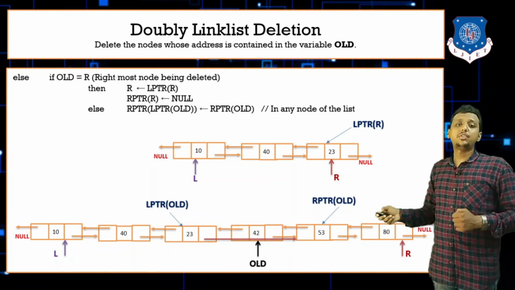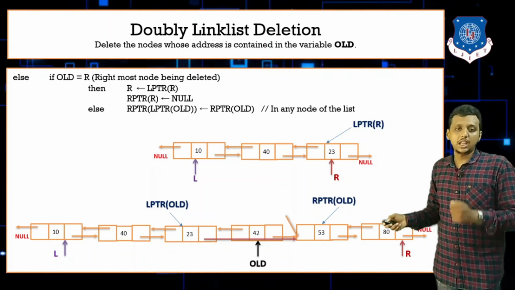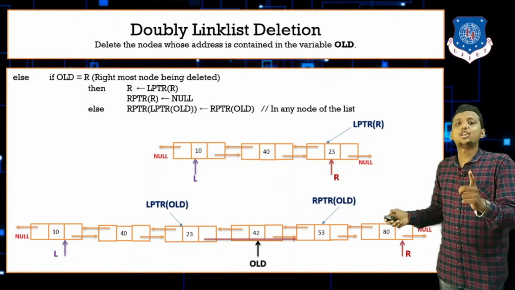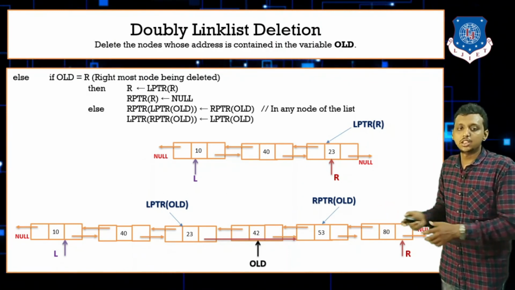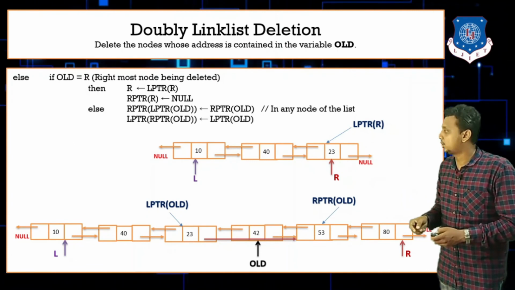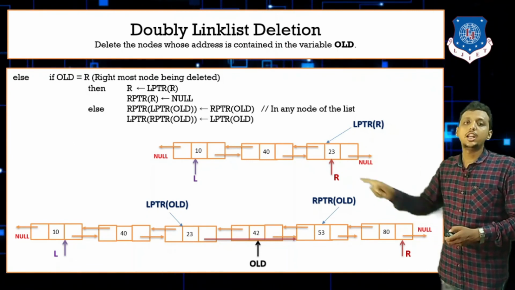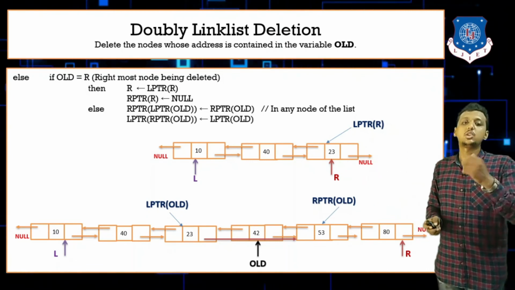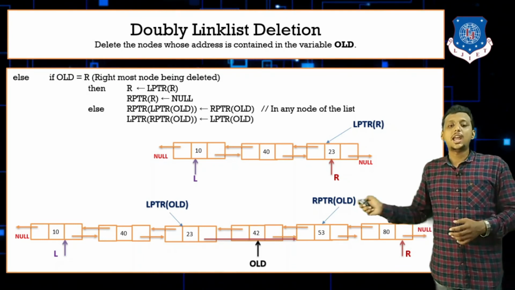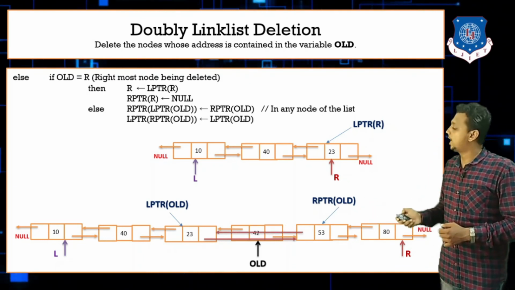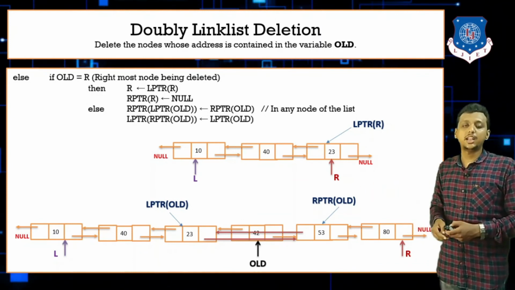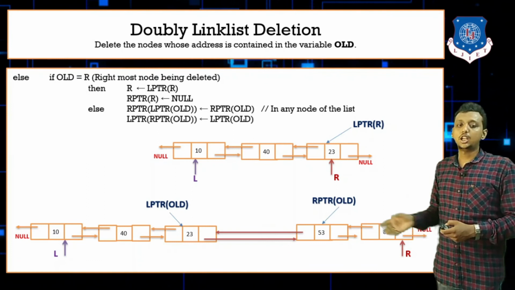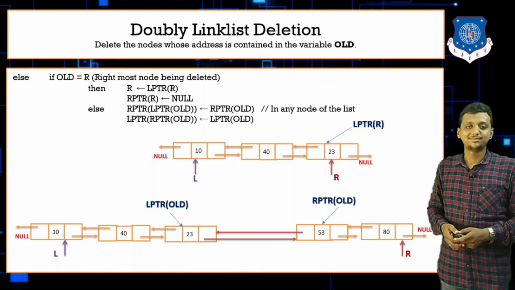The left link of the 53 is known as LPTR of RPTR of old, which is going to connect to the left side of old. That means 23. So we need to write LPTR of RPTR of old to LPTR of old. Like this, all links are connected, and then we can directly remove the 42 from here.